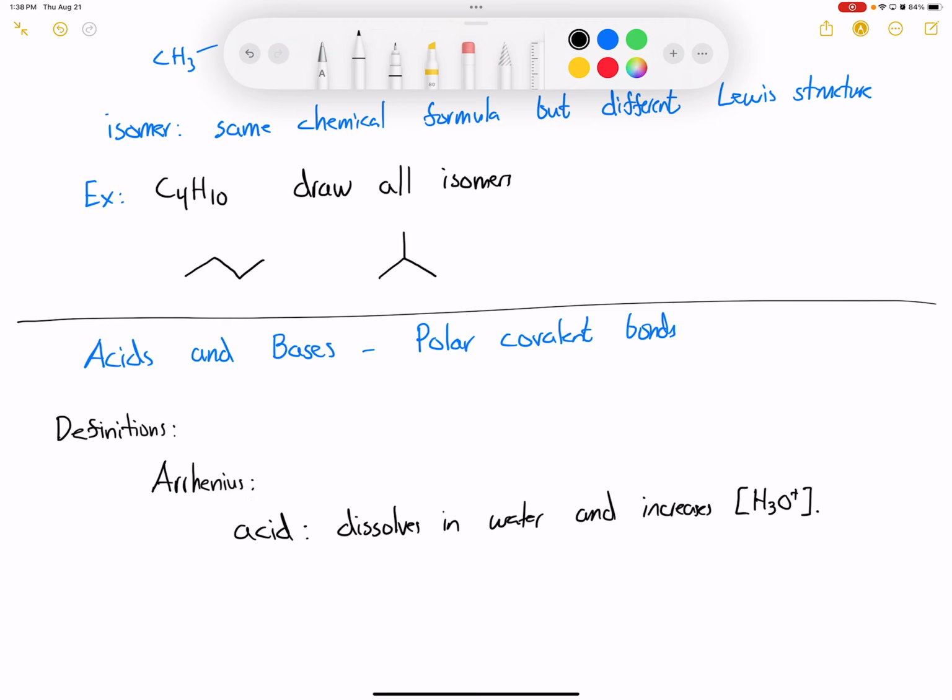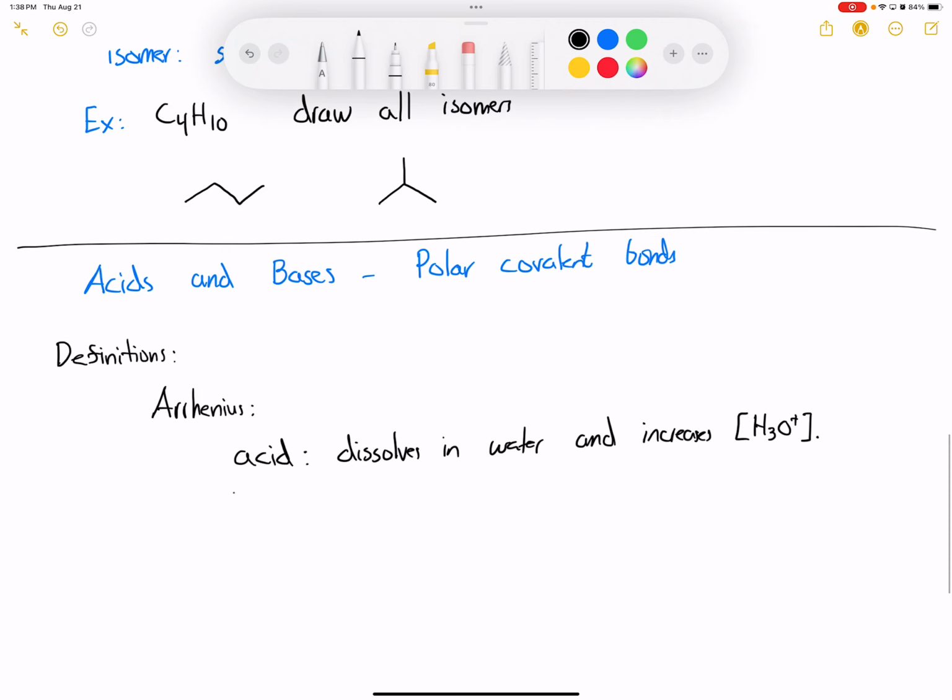What about a base? What would the Arrhenius base do? It increases the OH concentration. The pH goes up, right?